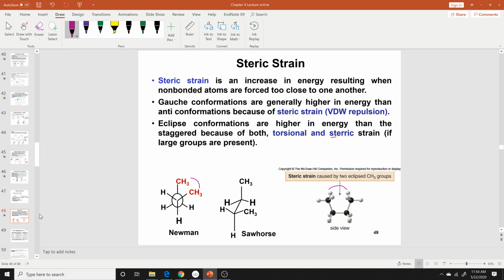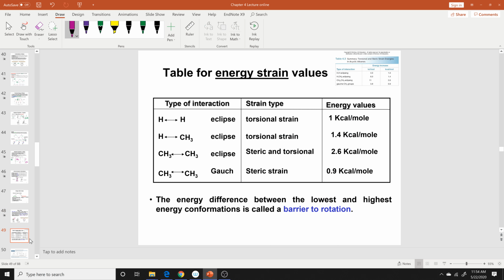So steric is a term we use whenever we have big groups that are close to each other. They can be close either 60 degrees apart or 0 degrees apart. And the term torsional is basically a term that we use whenever we have eclipsing of the bonds. So every time we have an eclipsed bond, we have a torsional strain.